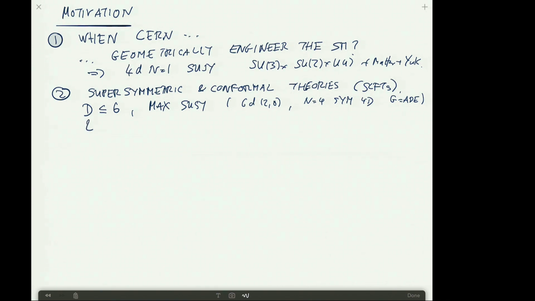For less than maximal supersymmetry, the situation is quite different. So in 6 dimensions, you can ask, what are the superconformal field theories in 6 dimensions with one supersymmetry?